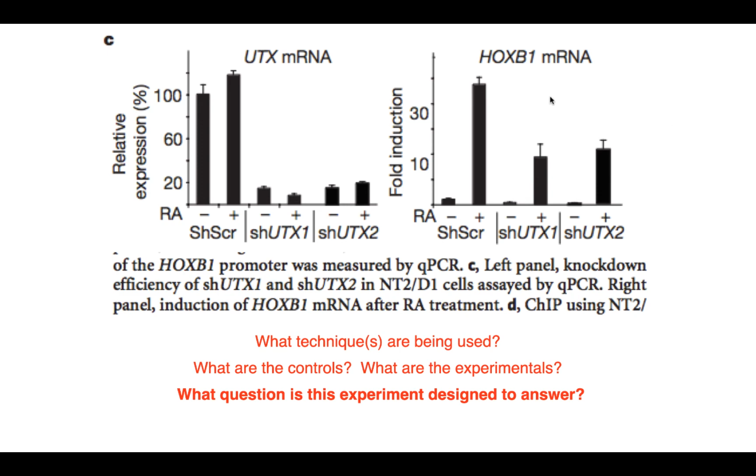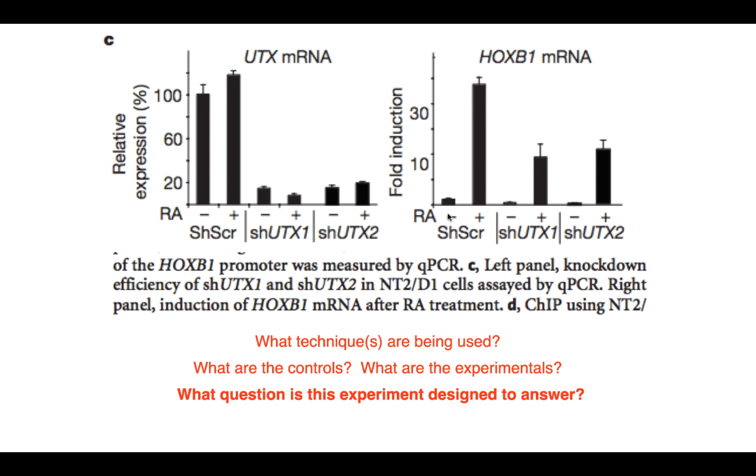So now we are looking at the amount of HOXB1 expression in cells that have either been incubated in retinoic acid or not. And here's our negative control again. These are NT2D1 cells expressing our microRNA that doesn't target anything related. And we get what we expect to get. In the presence of retinoic acid, HOXB1 is turned on. Beautiful, we've seen this already. In the absence of retinoic acid, HOXB1 is not turned on.